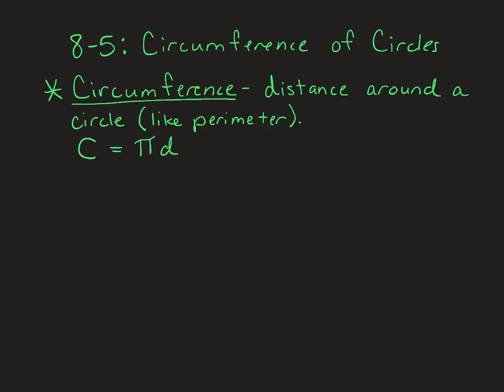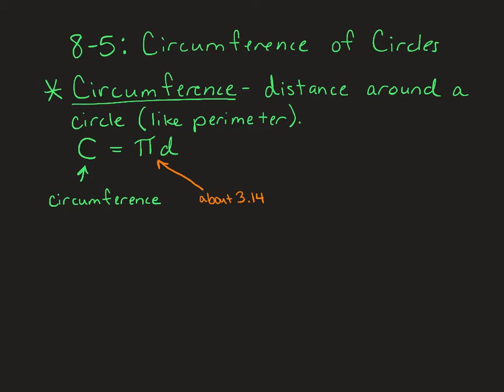We have a formula that we'll use to measure circumference called C equals pi d. C is the circumference. And then we know pi, which you are not as familiar with, but pi is just a number, and it is about 3.14.